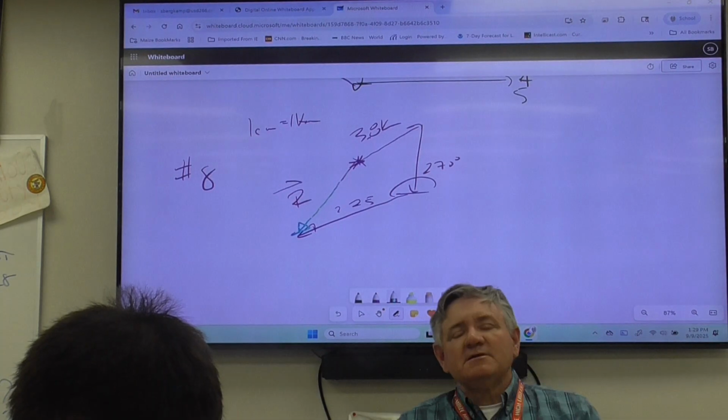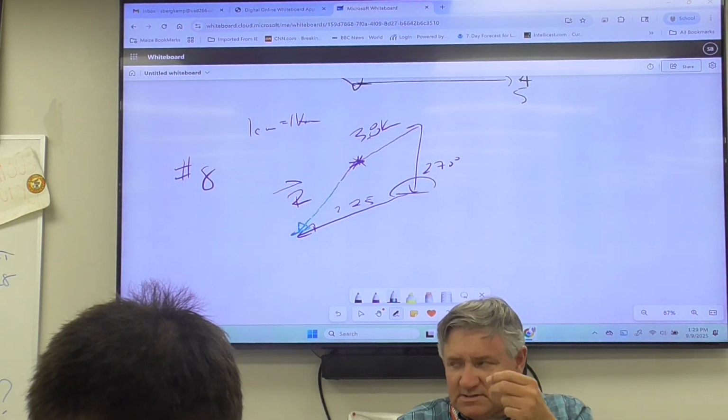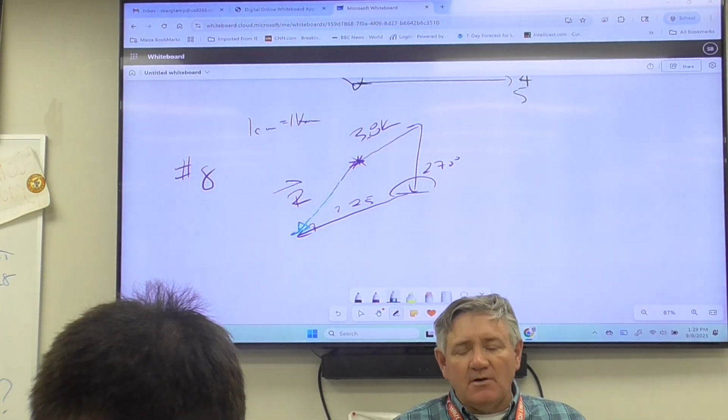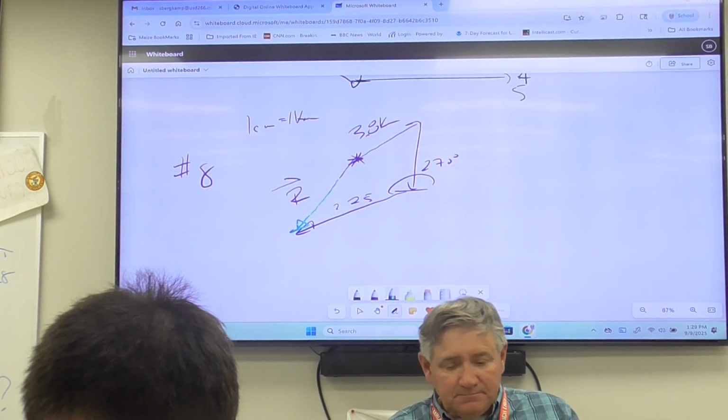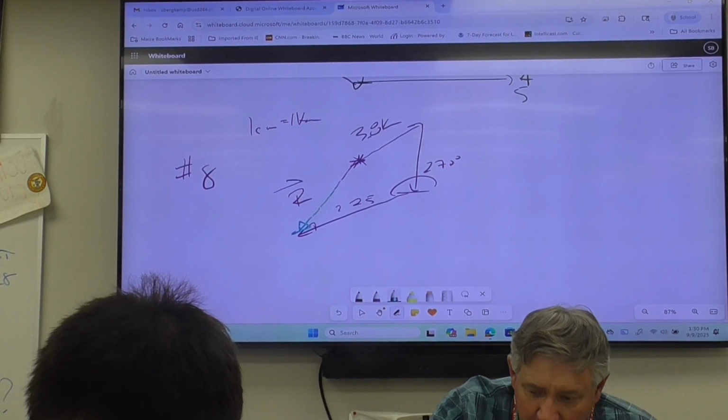Okay? So it's vital that you understand the difference between these two scenarios that I give you with Bob. This is going to play out with forces as well, which is what we're really going to get into starting tomorrow.